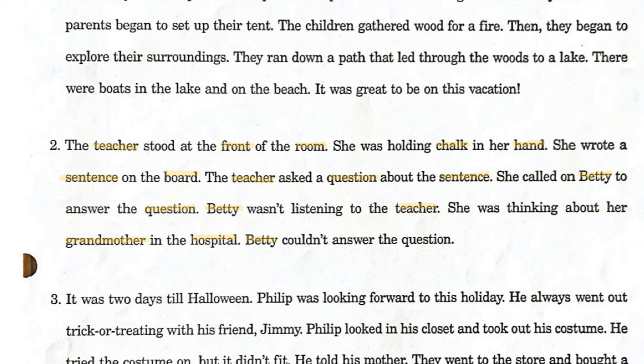Betty couldn't answer the question. So there are the nouns. You want to go in and for each highlighted word, you need to add an adjective. You can either use a text box or a stylus to write the word just above the highlight. So go ahead and pause the video now and get that paragraph finished.